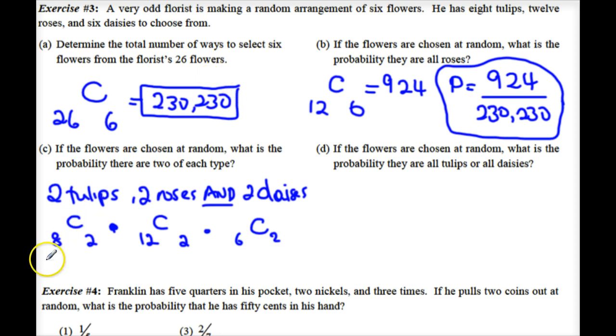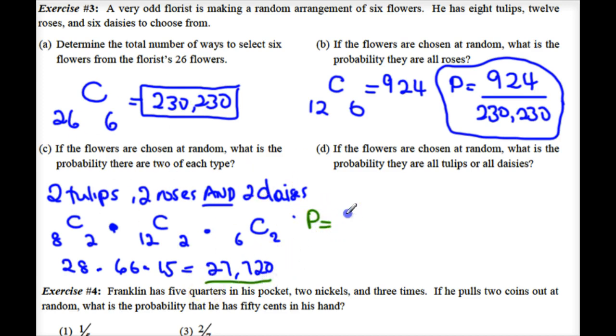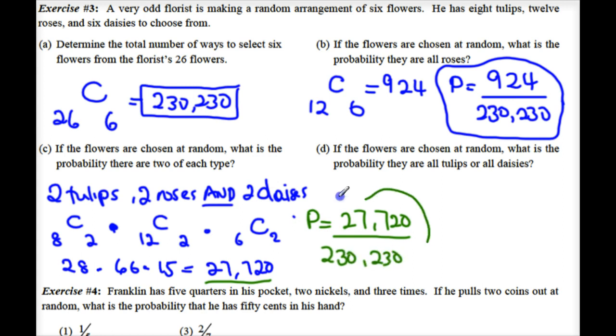Now looking at this, we get 28 times 66 times 15, which will give me 27,720. Now the probability, let's just switch color because I'm running out of space. The probability that this will happen would be the number of ways of getting 2 of each over the total outcome, which is what we calculated in part A. And this will be my final answer.